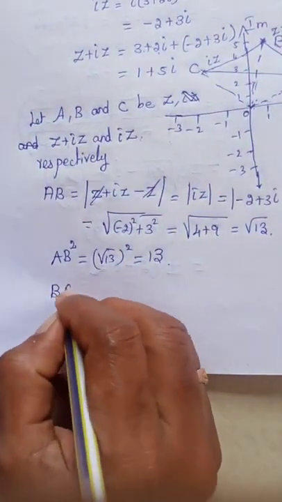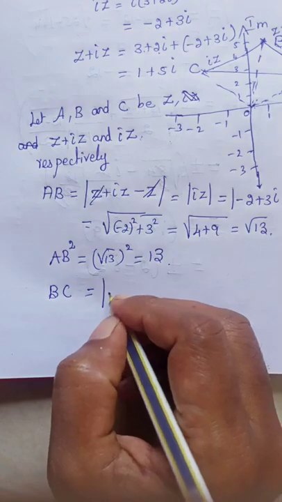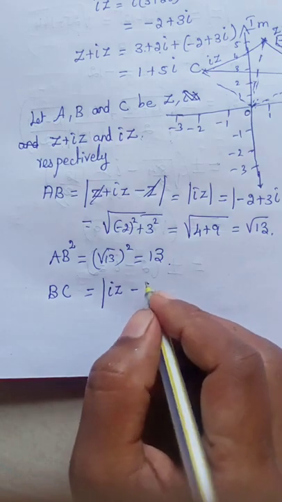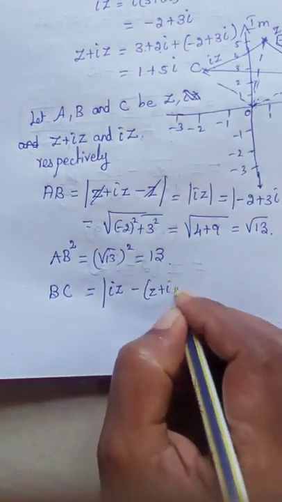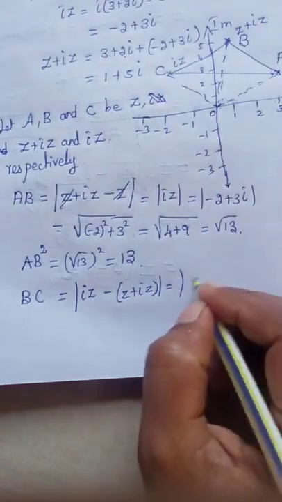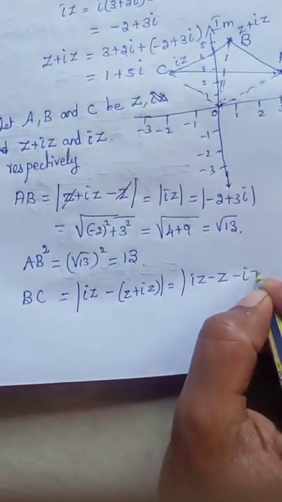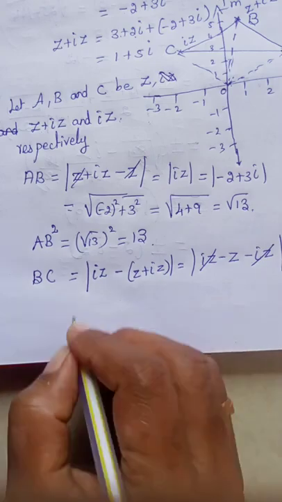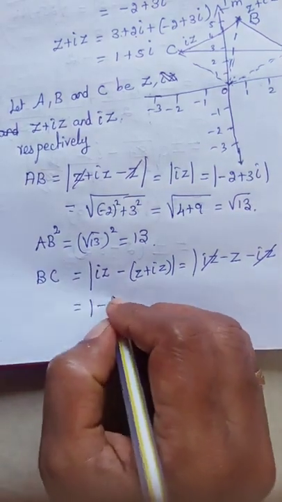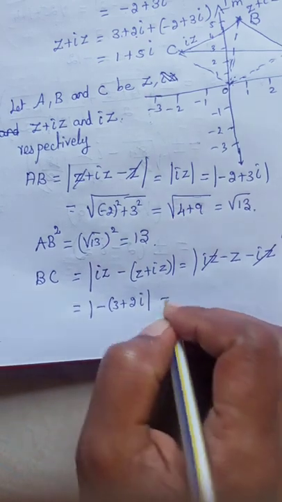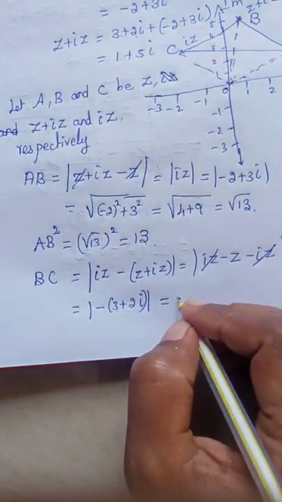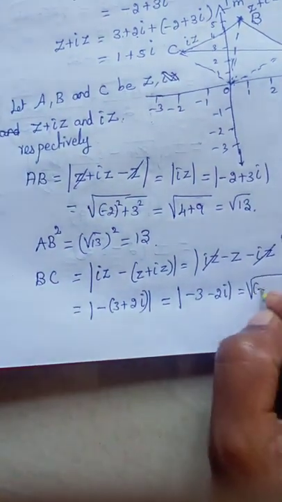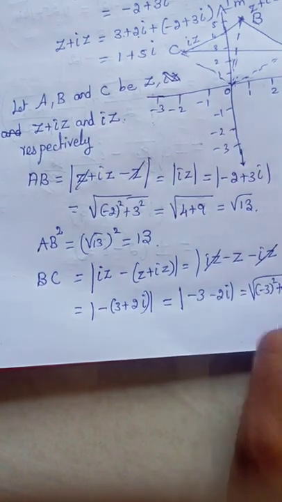Same way we can find BC. BC is the modulus of C minus B. C is iZ minus B, that is Z plus iZ, so modulus of iZ minus Z minus iZ, so modulus of minus Z. The value of Z is 3 plus 2i, so it is root of minus 3 whole square plus minus 2 whole square.